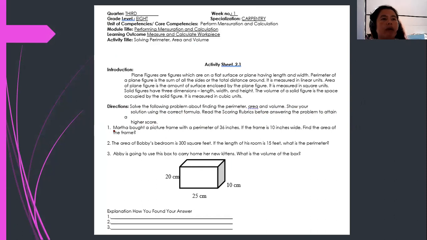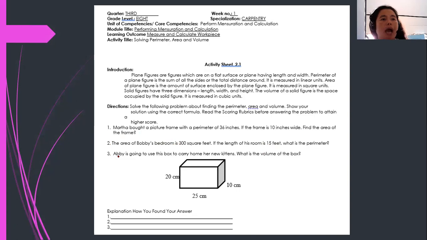So number 1, Martha bought a picture frame with a perimeter of 36 inches. If the frame is 10 inches wide, find the area of the frame. Number 2, the area of Bobby's bedroom is 300 square feet. The length of his room is 15 feet. What is the perimeter?